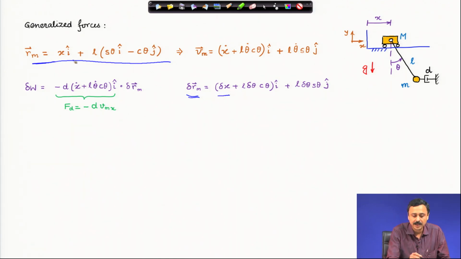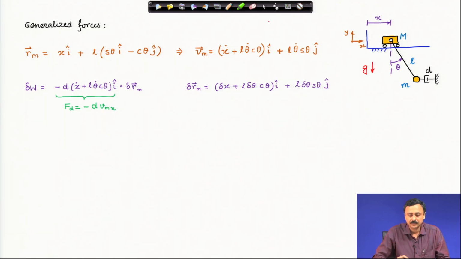Therefore, this is delta x coming from here, and from here it is L delta theta cosine theta, and plus, this is cos theta becomes minus sin theta, that is why it is positive, and that is in the j cap direction. This is the variation of the physical coordinate, or the virtual displacement in the physical coordinates, and this expression we will use in the virtual work.